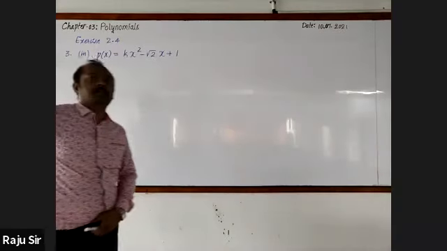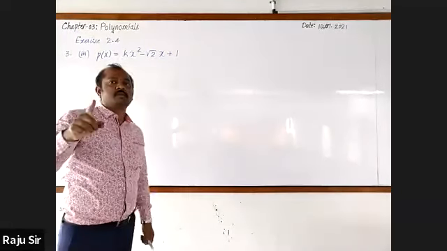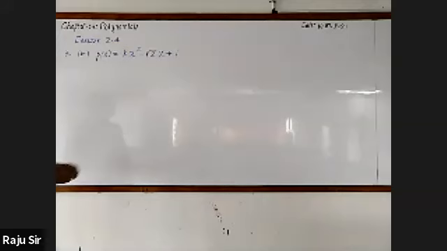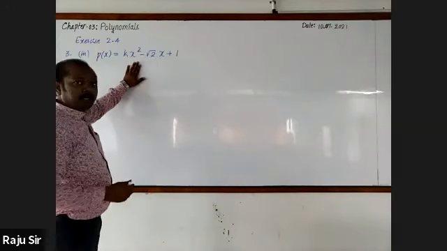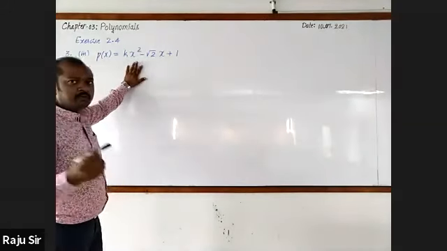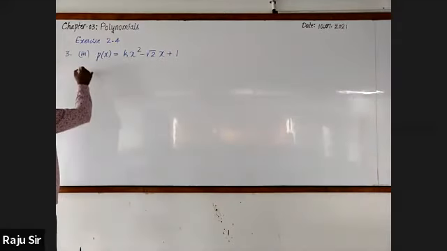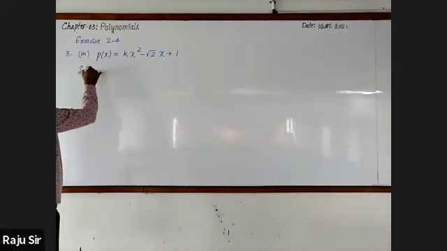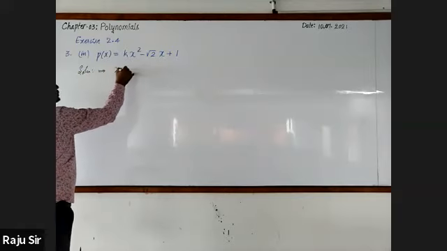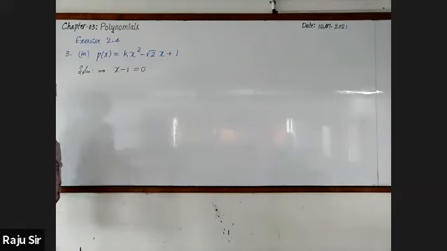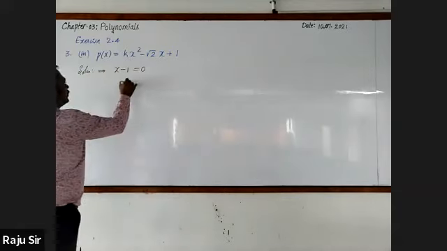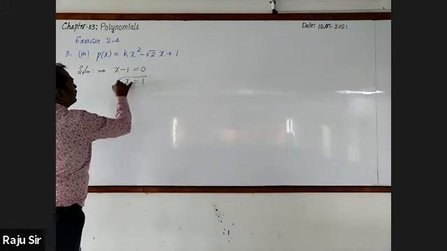Then what will be the remainder? Zero. So first we shall find out the remainder for this polynomial when x minus 1 is a factor. Solution. X minus 1 is a factor. Therefore, its zero will be 1.